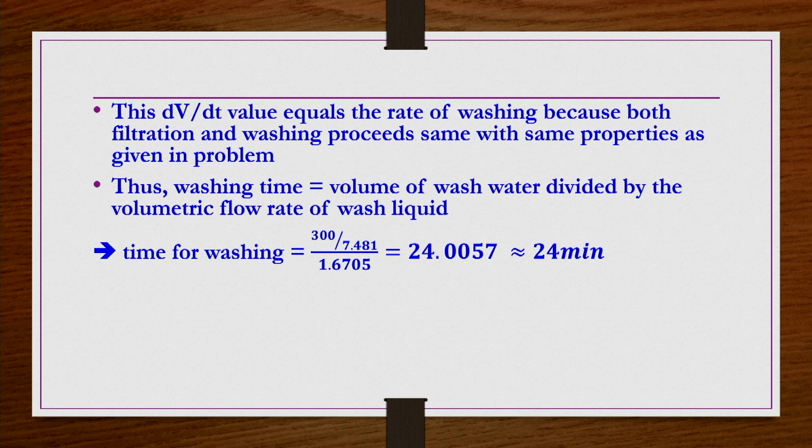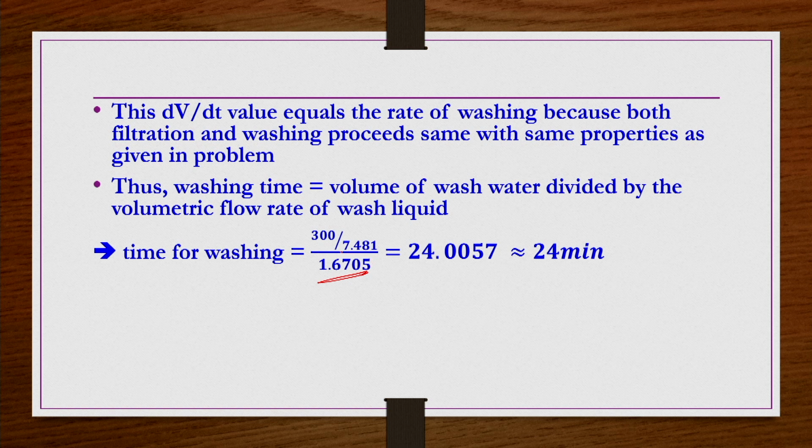So, 300 gallons divided by 7.481 gives feet cubes of water required, divided by the volumetric flow rate of wash liquid, which is nothing but the volumetric flow rate of the filtrate, because both proceed the same way.